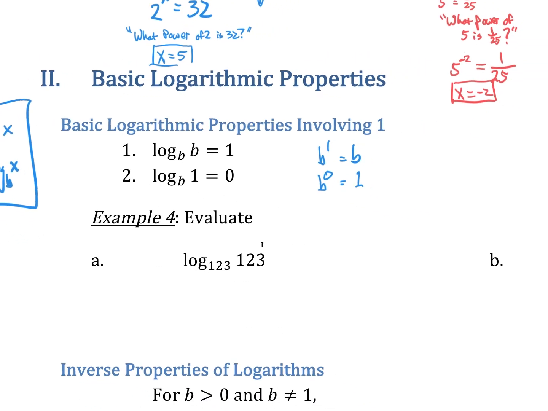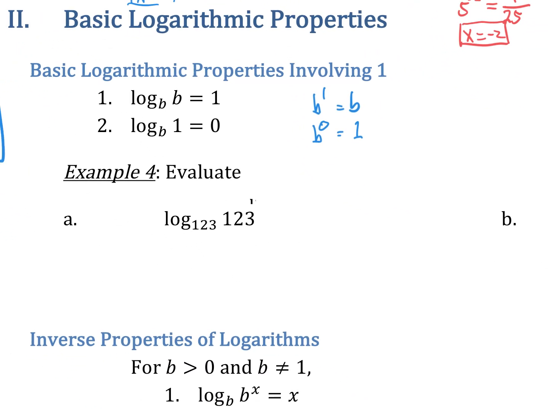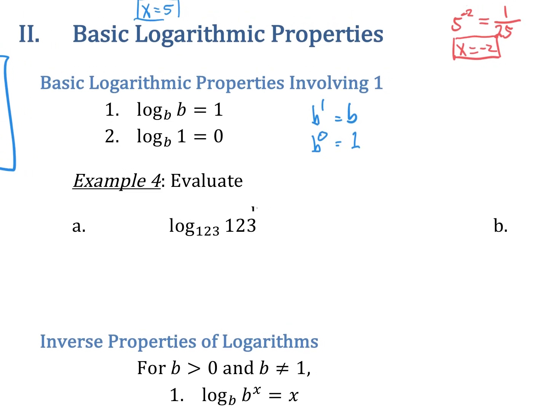All right? So with that in mind, let's think about some of these. So this question here, what is the power of 123 we need to get 123? Well, because these are the same, this is 1. So using this property, we can see it's 1. You can also just ask the question, and you should be able to answer it.